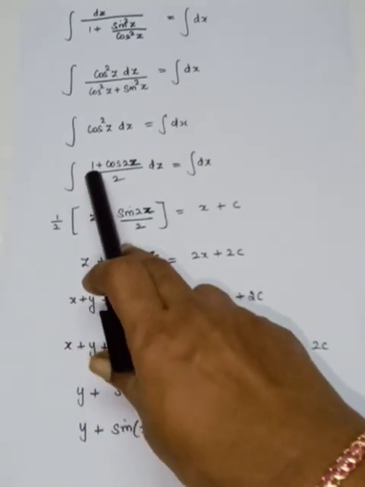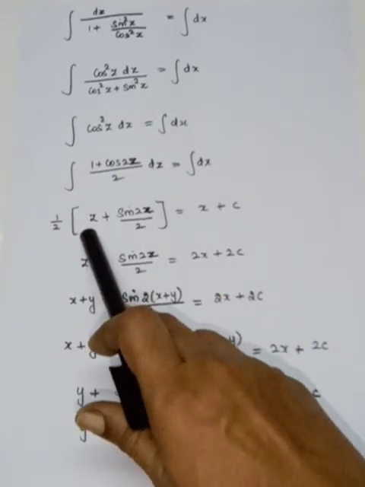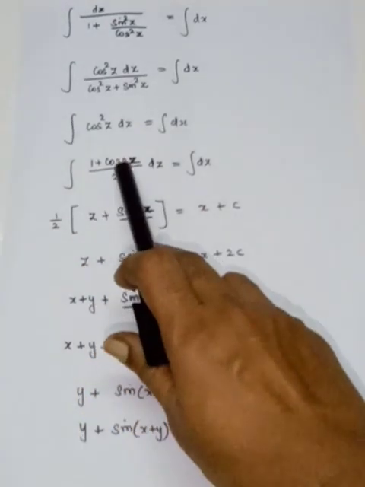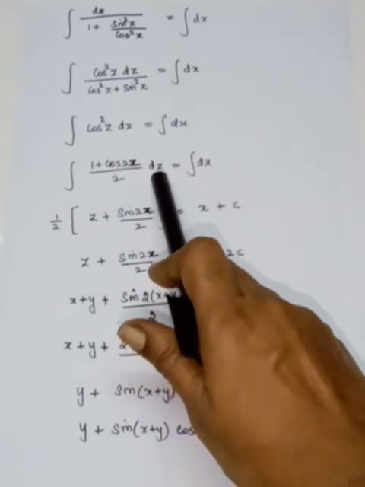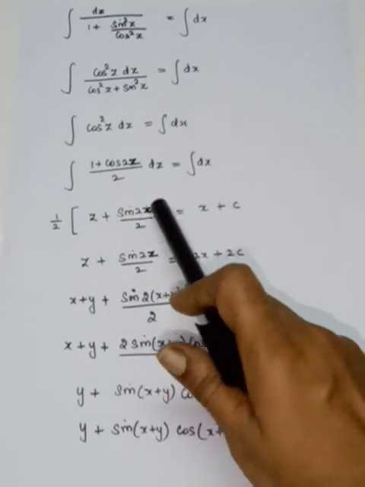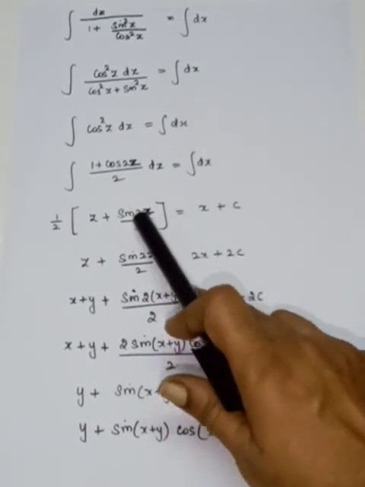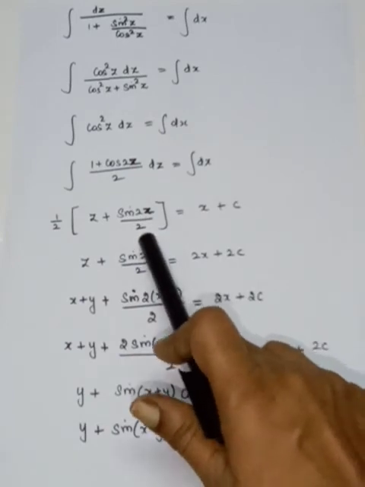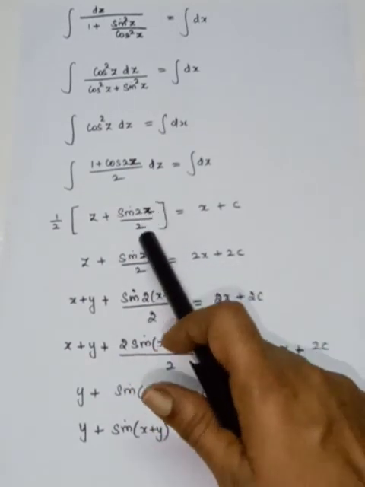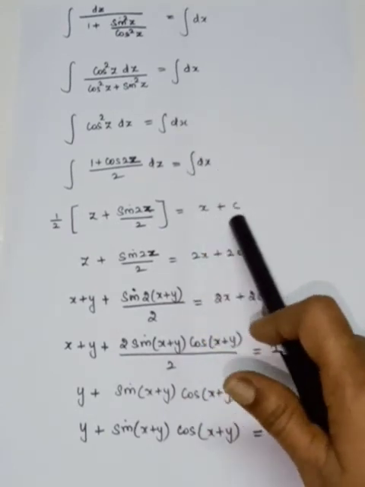The numerator's first term is 1 into dz. If you integrate, that is z. Plus the second term cos 2z into dz. If you integrate, it is sin 2z divided by 2, because the coefficient of z is 2, so it has to be written in the denominator. Equal to, what is the integral of dx? It is x plus c.